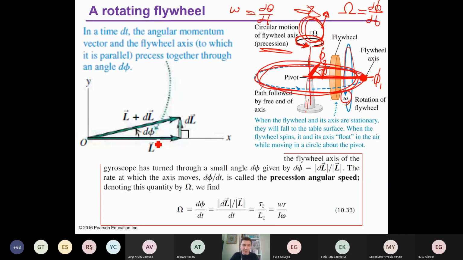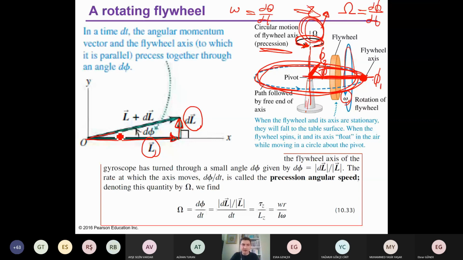Here we have L, initial angular momentum of the flywheel, and here we have dL, change in the angular momentum of the flywheel due to the gravity, due to the torque applied by the gravity, and this is the rotation of the angular momentum about this axis.